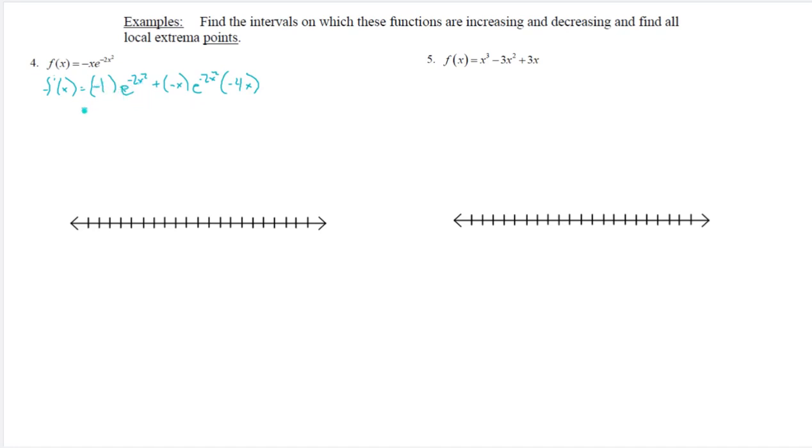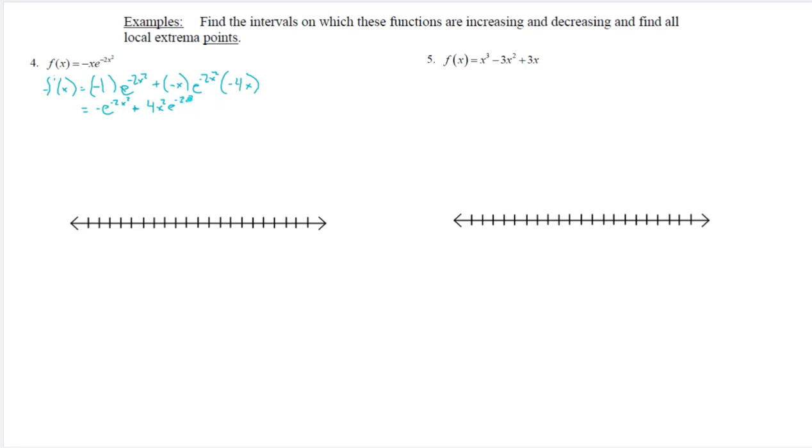Okay, we definitely want to simplify this just a little bit. If we were to clean this up, this is going to be a negative e to the negative 2x squared plus, in this case, a negative 4x times a negative x. So this is actually going to be plus 4x squared times e to the negative 2x squared.